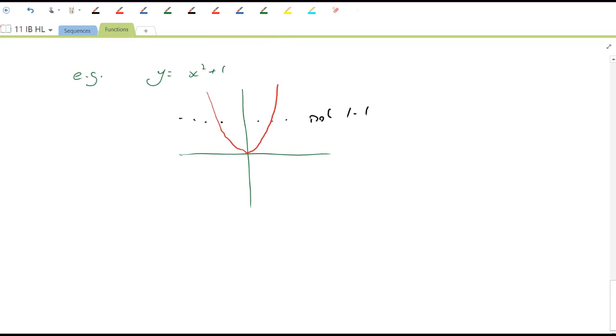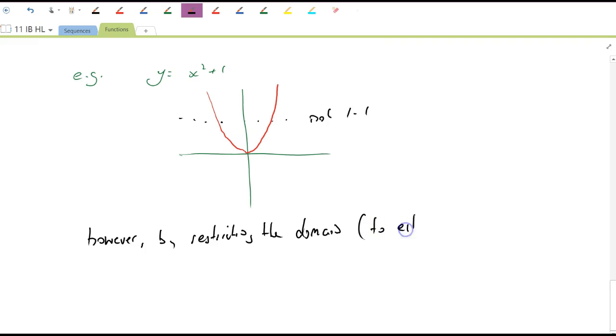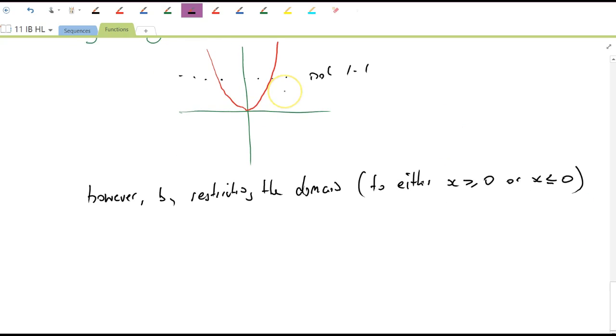However, if we restrict the domain, so what we can do is we can restrict the domain to either x is greater than or equal to 0, or x is less than or equal to 0 at the turning point.